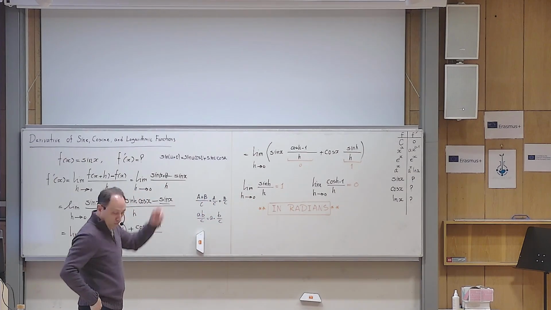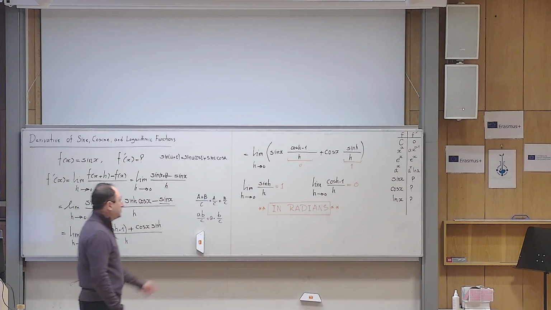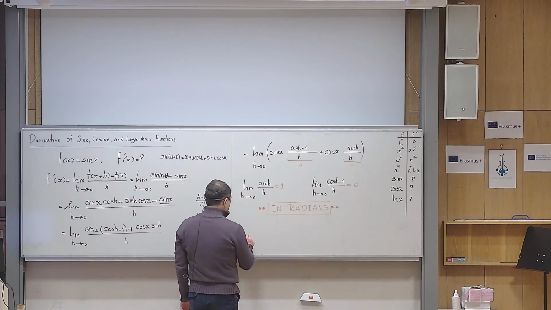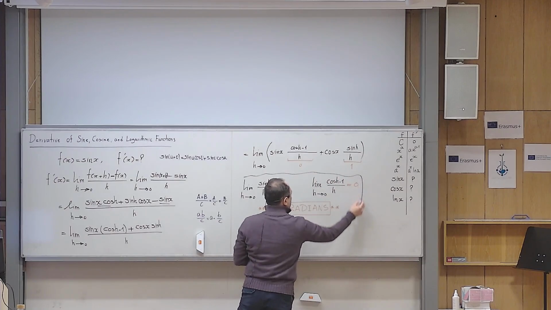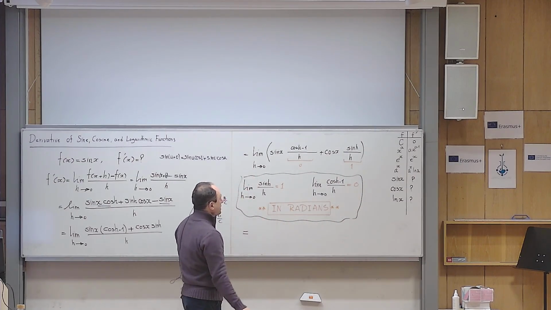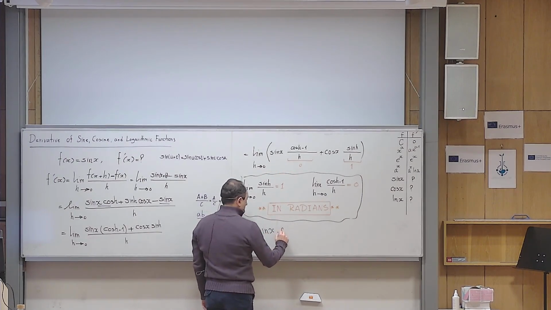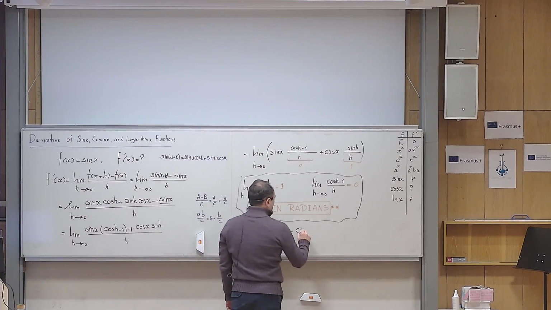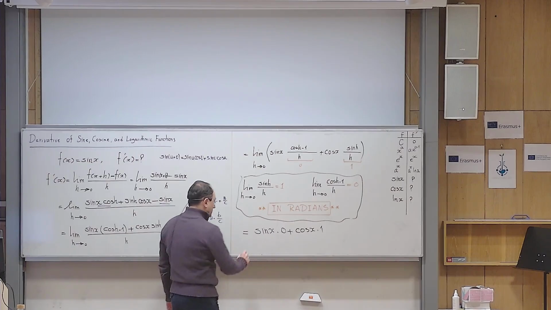Okay? Now, what happens if I put everything back in order? I want to answer the question mark, so if you don't mind, let us continue. Let us put this in a box. Use this information to calculate that limit. The answer is simple. Sine x times 0 plus cosine x times 1. And this is what?